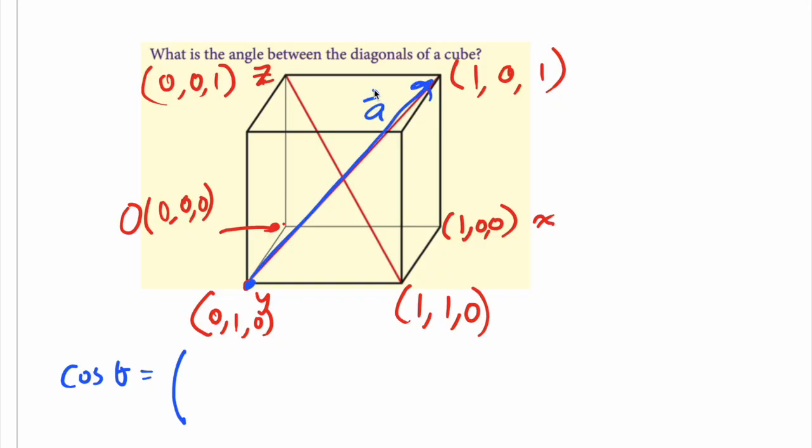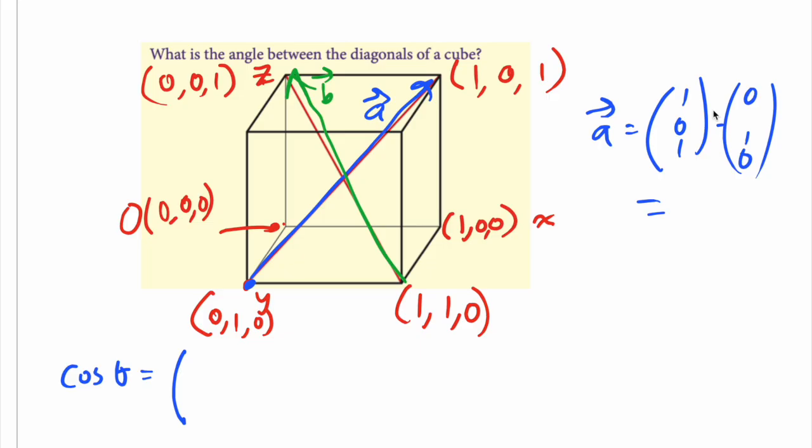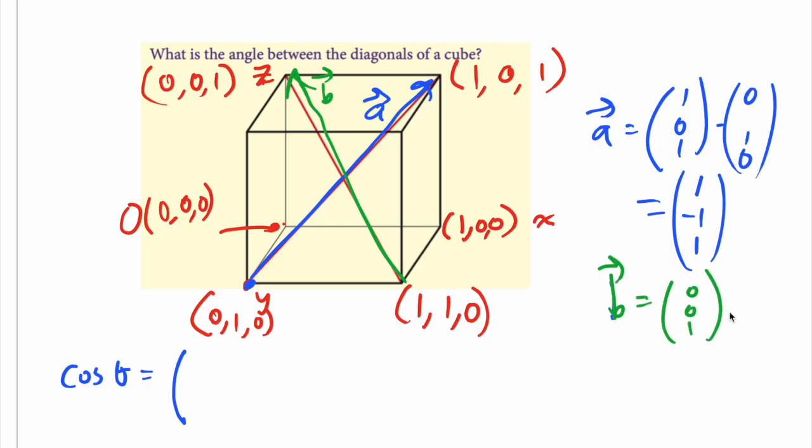Let's call that A, and this one B. So A, to get that vector, we're doing head minus tail. 1, 0, 1 minus 0, 1, 0, and that is 1, negative 1, 1. And B is head minus tail. We've got 0, 0, 1 minus 1, 1, 0. That is negative 1, negative 1, 1.